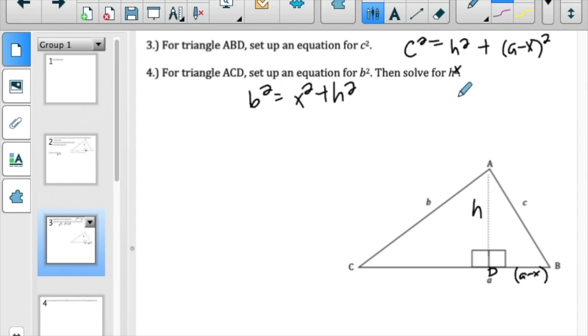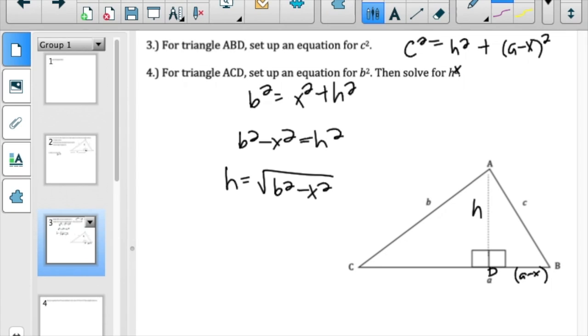We're going to solve for H, so we're going to subtract this X squared off. We're going to have B squared minus X squared equals H squared. And how do I get H by itself? What's the inverse of squaring? Square root. So H would equal the square root of B squared minus X squared.